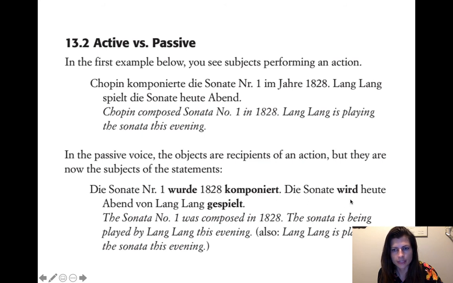And then this next one's going to be in the present passive. Die Sonate wird heute Abend von Lang Lang gespielt. So now we've got our present tense werden and the past participle. And then you see how now the direct object from before, die Sonate, has now become the subject here.